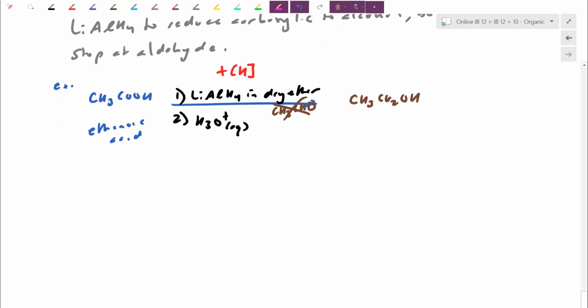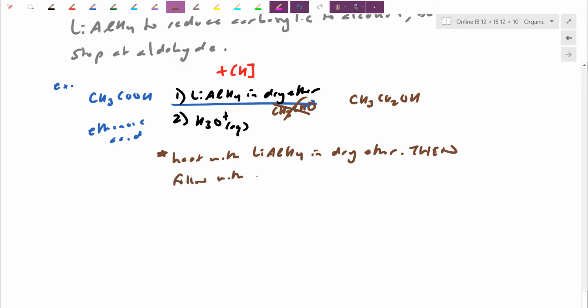So if you want it in words here, we have heat with lithium aluminum hydride in dry ether. Then, I just want to emphasize here, it's always 2 steps. Then follow with aqueous acid. Okay.